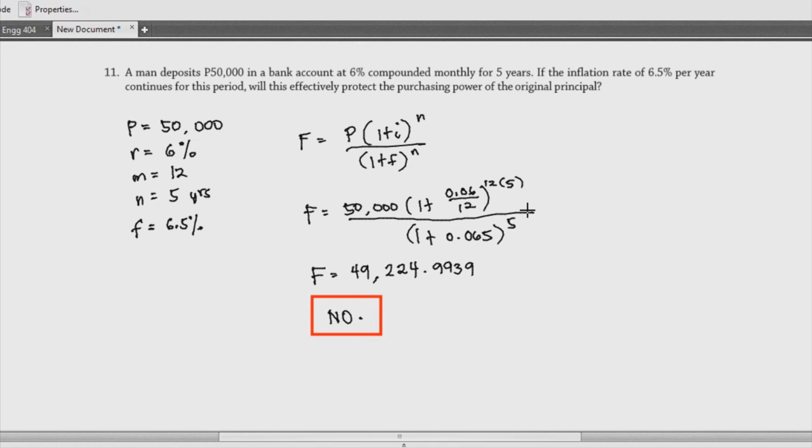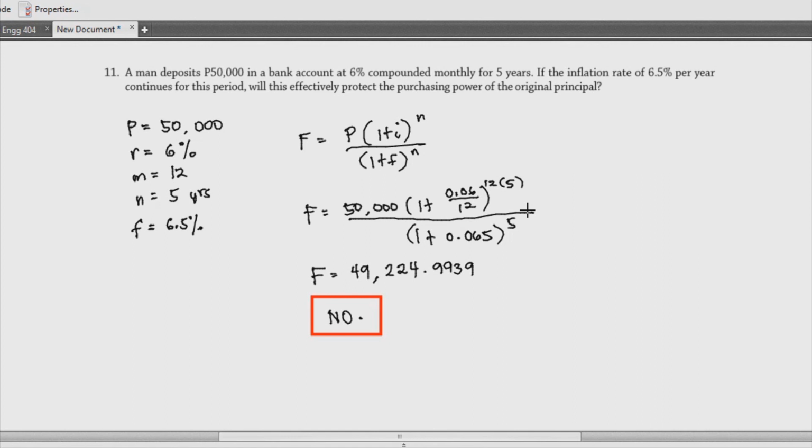So, just remember na pag mataas yung inflation rate and then yung interest rate mo is just given by that certain amount, and then you're expected to have this money affected by the inflation rate, then just remember kung ano yung mangyayari. Pero syempre yung mga companies naman or bank, hindi naman mag-o-offer nung mga gantong case na magkakaroon ng effect sa inflation. So basically hindi talaga siya ganun, no.